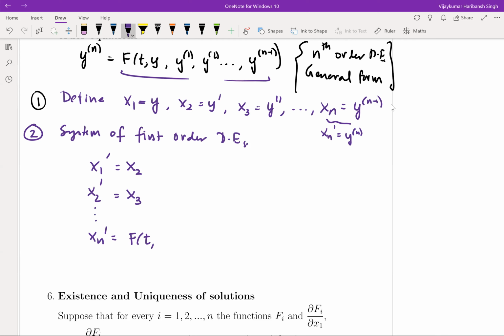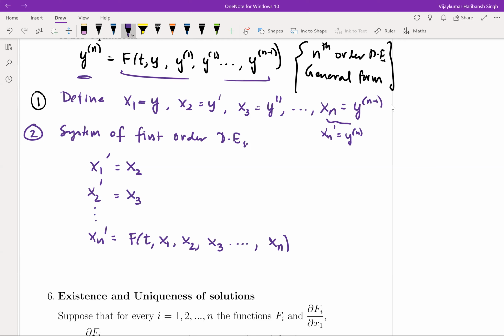So I'll replace y by x1, y prime by x2, y double prime by x3, and so on until the last one, which is going to be xn. So this is a system of first order ODEs, all right? And we got it out of an nth order ODE.